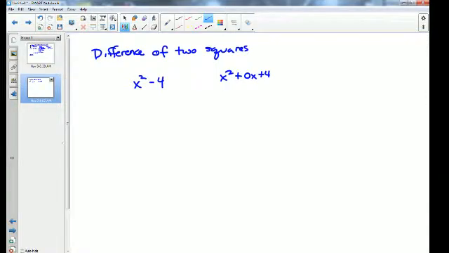So what are my factors? Plus 2, minus 2, right?